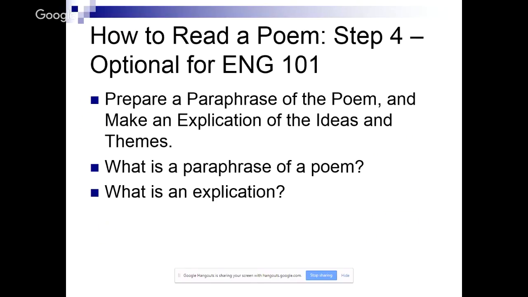But we have to understand or have an idea of what that poem's theme is before we can react to it. You wouldn't want to say, well, I didn't like this poem because I just didn't like it. Or I love this poem because I loved it. You have to look at and unpack the poem to get to the main ideas that the author's trying to express. Okay?